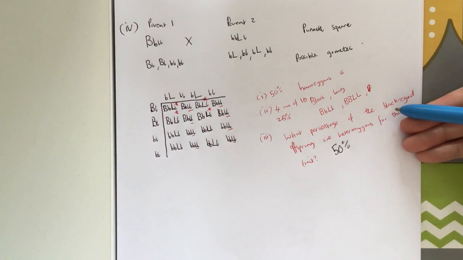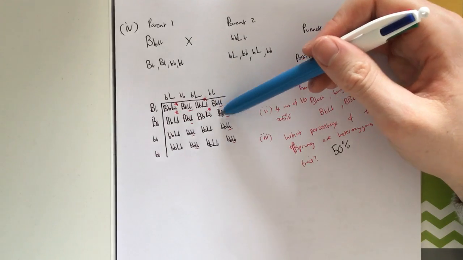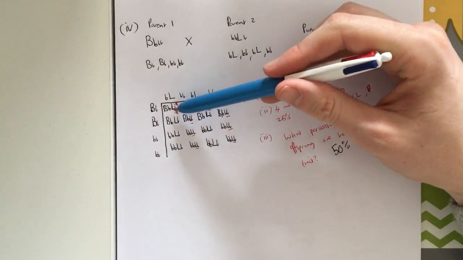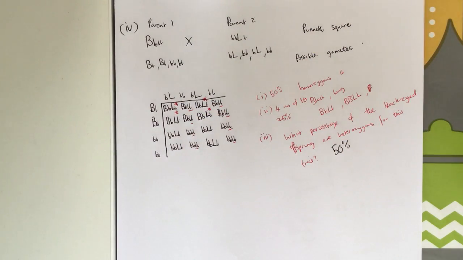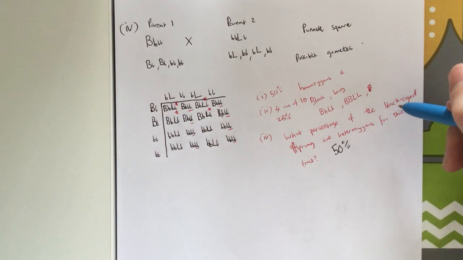Heterozygous for being black-eyed? Well, that would be 1, 2, 3, 4, 5, 6, 7, 8. So of the black-eyed offspring, those heterozygous for being black, I would say is 100%. But I understand why they're saying 50%, because I think what they meant to say is what percentage of the black-eyed offspring are heterozygous for both traits.